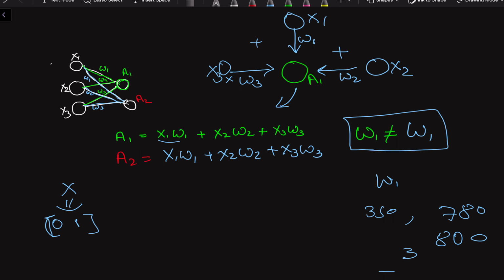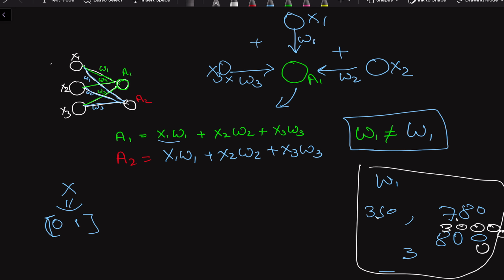W can be anything. So the value of this will be huge, because we're multiplying it with whatever, it could be 3,000 or 3 million. The weight can be anything, so this is going to be a huge value. Remember our X values are between 0 and 1.